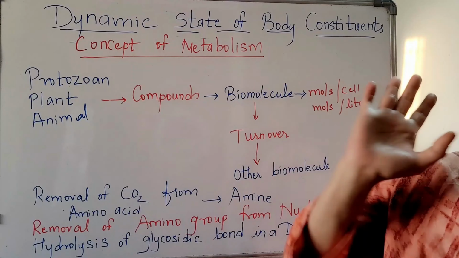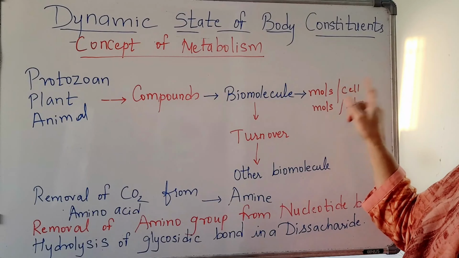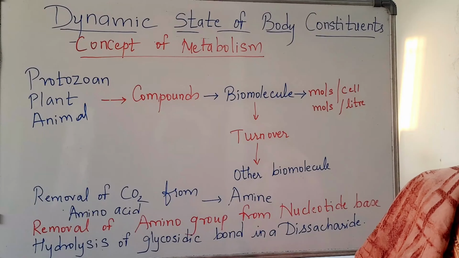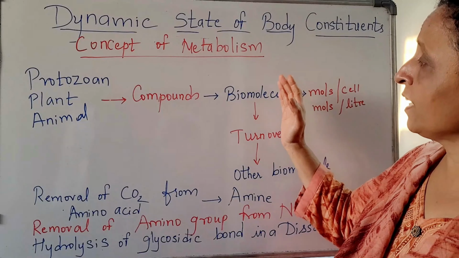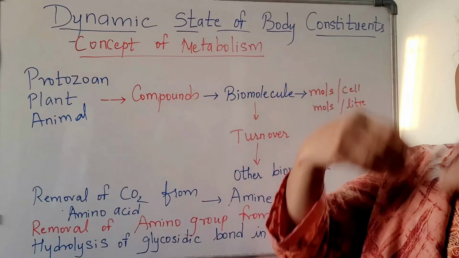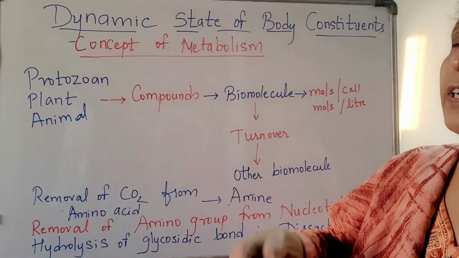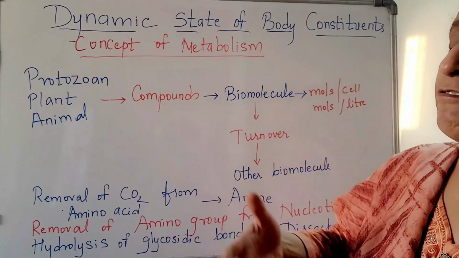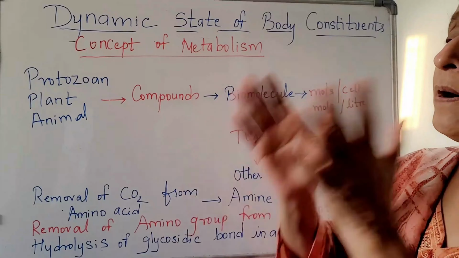They are in definite amounts, molar per liter, molar per cell. Those are the biomolecules. You will see that for the biomolecules there's a turnover, it's ever changing. One molecule leads to the formation of another molecule, and another, and they are changing in a definite path.